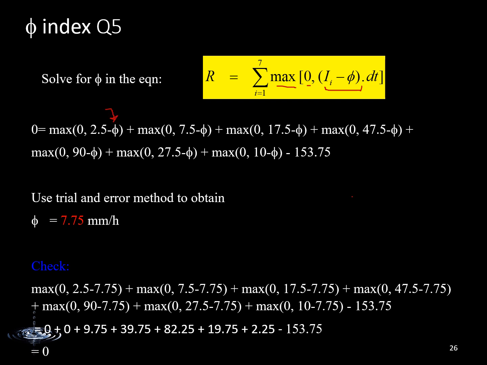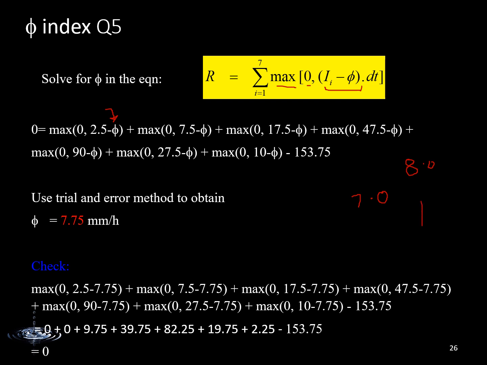If the phi value is, let's say, 7.0 and rainfall is 8, the basic concept is: if the rainfall is less than the phi index, all the water will infiltrate. If the rainfall is more than the phi index, the amount up to the phi index value will infiltrate and the remaining value will be runoff. That's the fundamental concept.